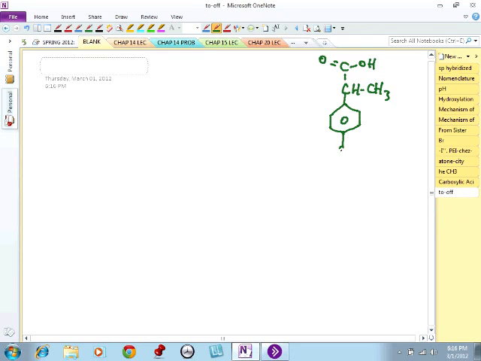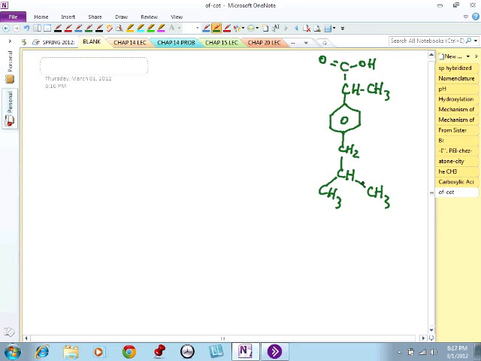Of course, we know this molecule here is a carboxylic acid. Why do we say this is a carboxylic acid? Why do we call this a carboxylic acid? It contains a carboxyl group.